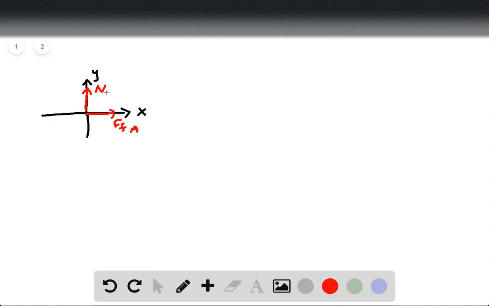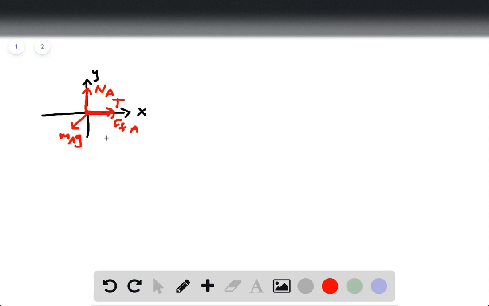We'll do this for block A. And the tension force is the same because it's the same cord. And the acceleration is the same because they're stuck together on this cord. But right now we're just looking at block A.